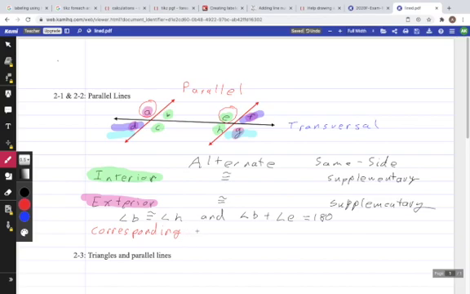Corresponding angles are congruent. Okay.